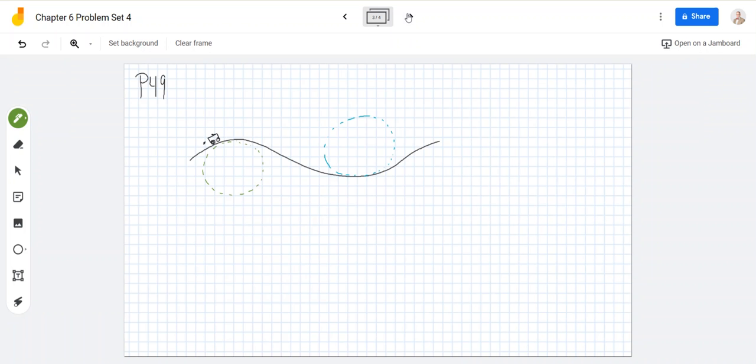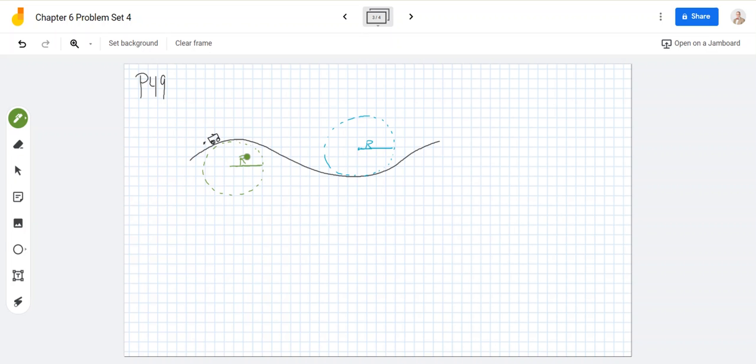The next problem says, in this figure, cars are driven at a constant speed over a circular hill into a circular valley with the same radius. So in this, although my drawing is a little sketchy, we want this radius to equal this radius here. Okay, keep that in mind.